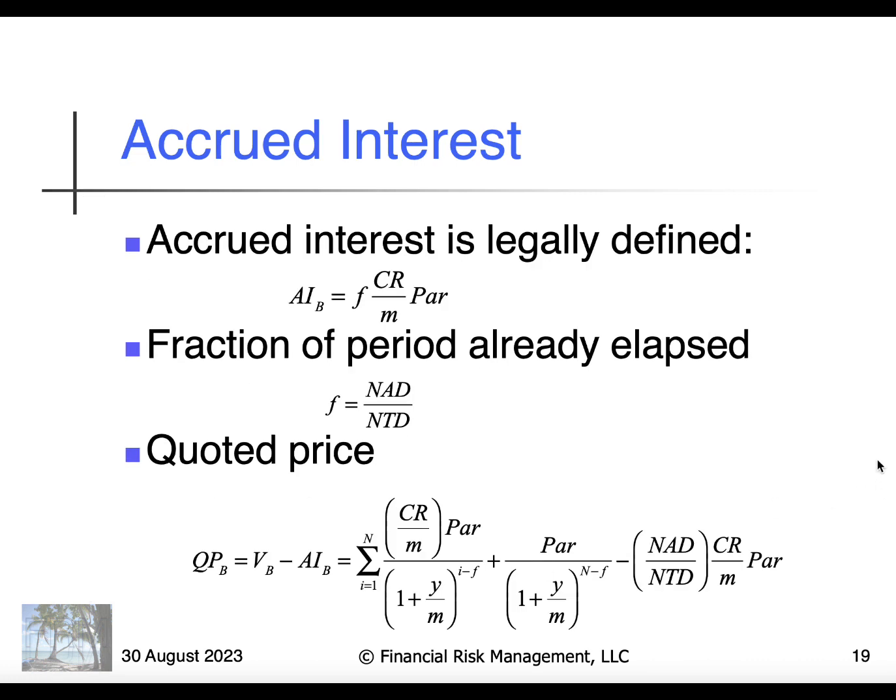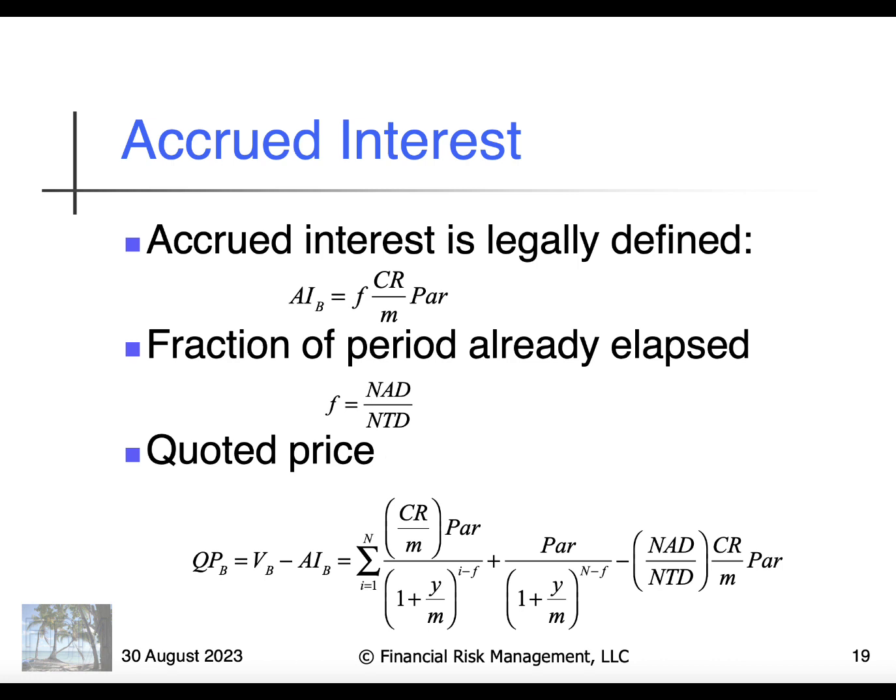Now, not economically, but legally, accrued interest is calculated as the fraction of the period that has elapsed, times the dollar coupon paid per semi-annual period as a percent of the par value. The fraction of the period already elapsed is the number of accrued days since the last coupon payment, divided by the total number of days between the two coupon payments.